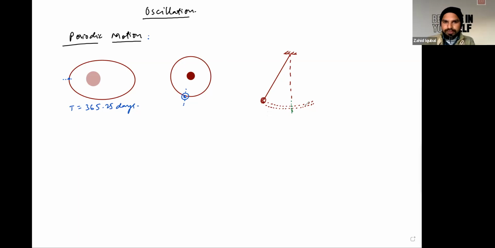So in all these different motions, we can say they all have some fixed time period for motion about their own path.